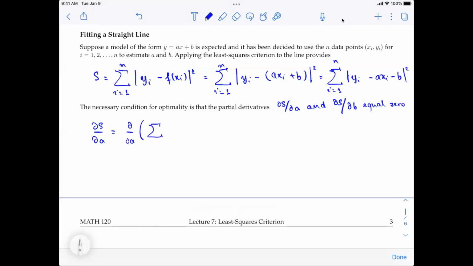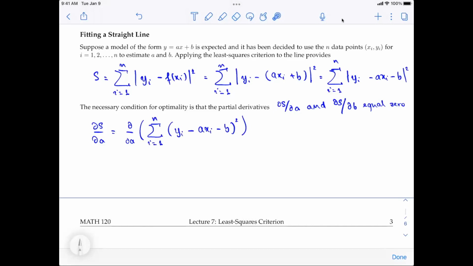So I set the summation for i going from 1 to n of (y sub i minus a times x sub i minus b), and then you're going to square this. All right, so again, the partial derivative of the sum is the sum of the partial derivatives.